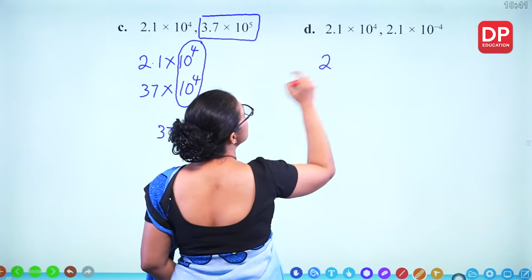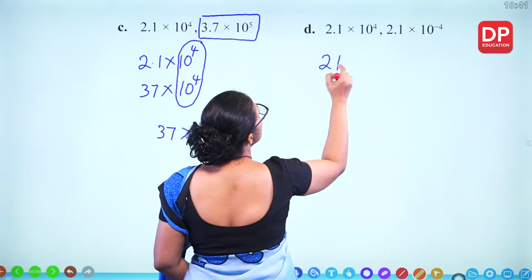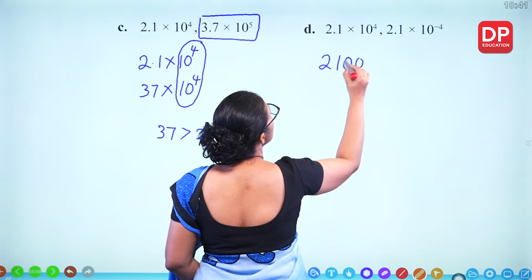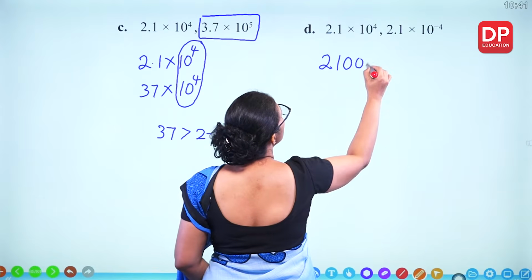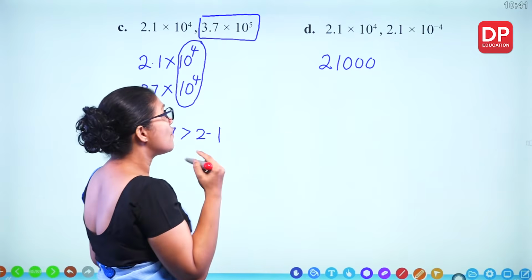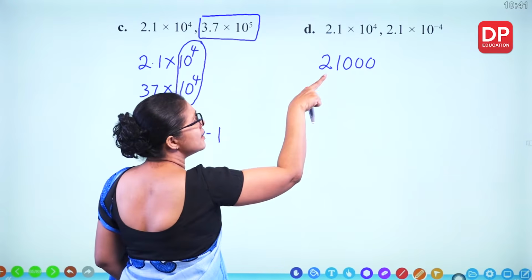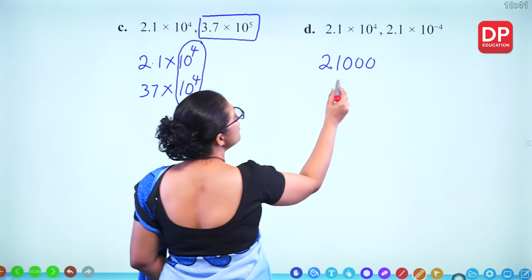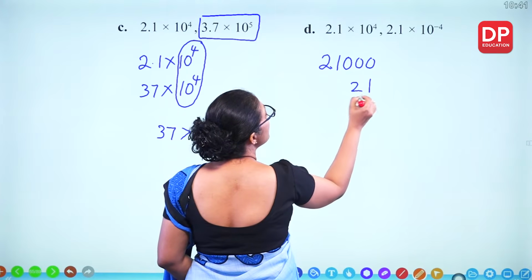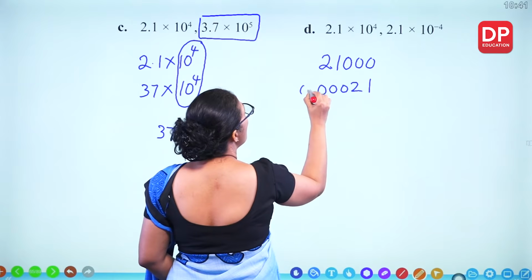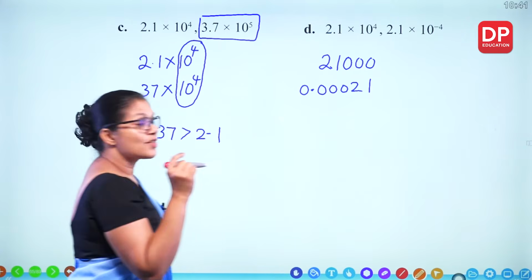If you write in general form, this is 21 and how many zeros? 1, 2, 3, 4. 3 zeros. 21,000. If you write this number in general form, you get 2, 1 here. 1, 2, 3, 4. 0.00021.